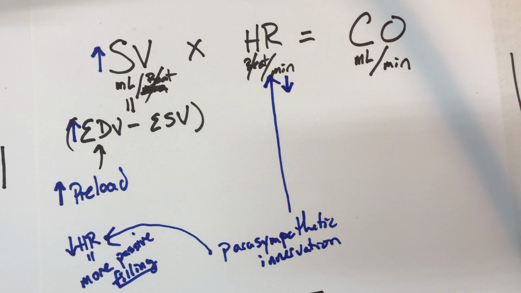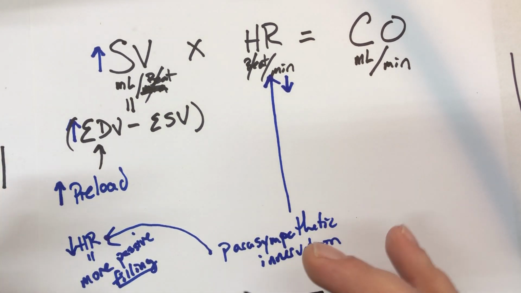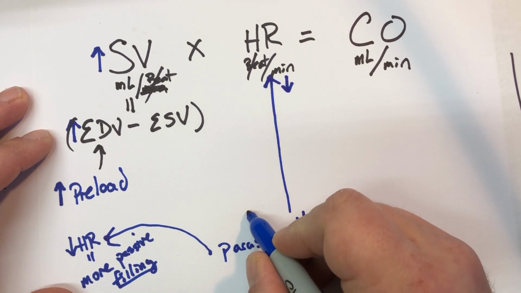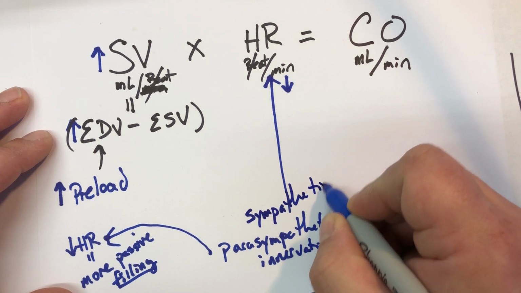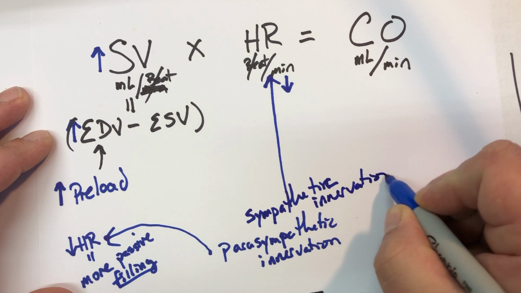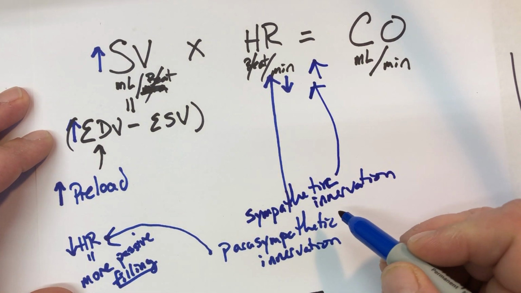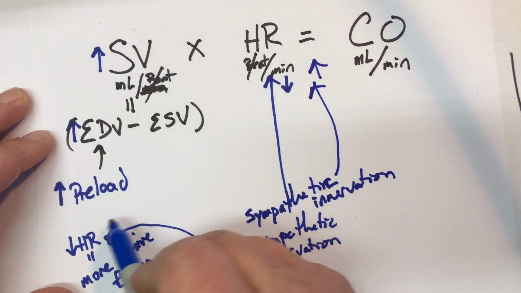So what about during activity? During activity, we want to increase stroke volume, and one of the ways to do that is by increasing preload. So what we see on the other hand would be sympathetic innervation. Sympathetic innervation will increase heart rate. Increased heart rate will decrease passive filling. So how do we affect preload?